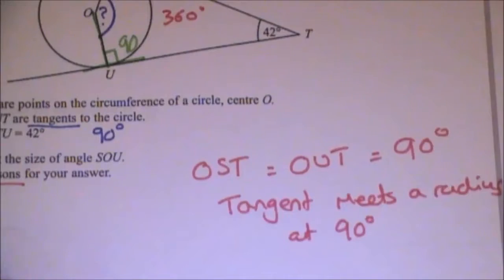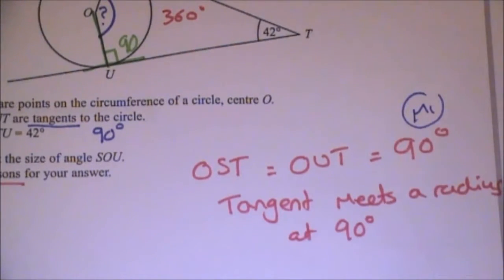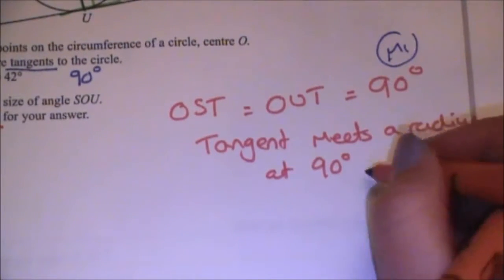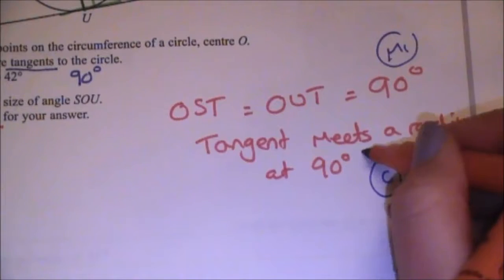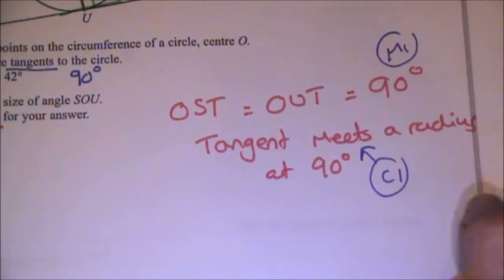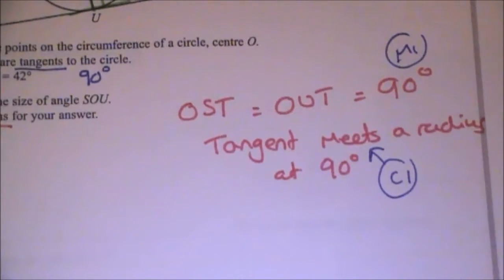So for stating that, I would get a method mark, and I would get part of a communication mark for that reason. I need the second reason in order to get the full mark, but that's the first part.